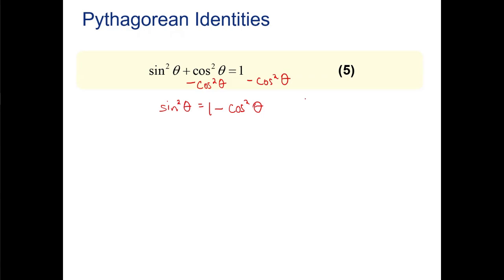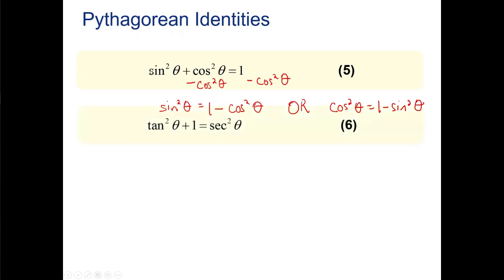And this also generates, if I kept the cosine squared over here, I would have to subtract the sine squared, so that'd be equal to 1 minus sine squared theta. So I can rework this however I like. Let's look at the next identity.